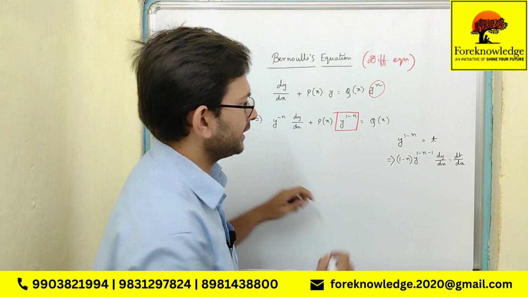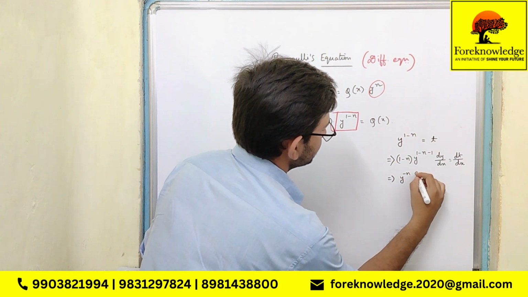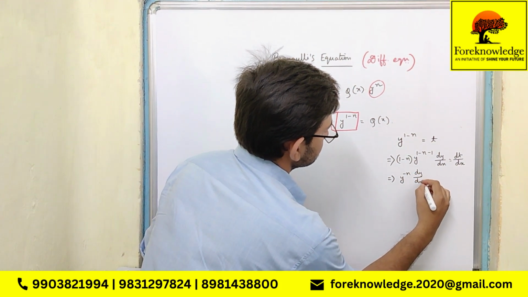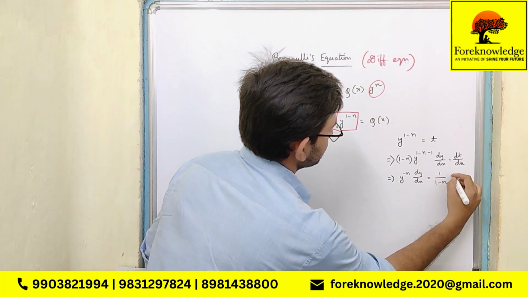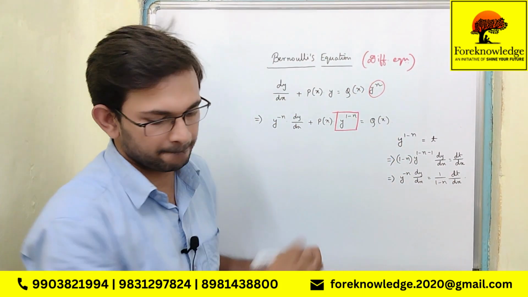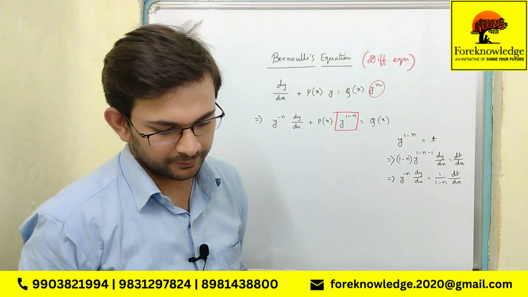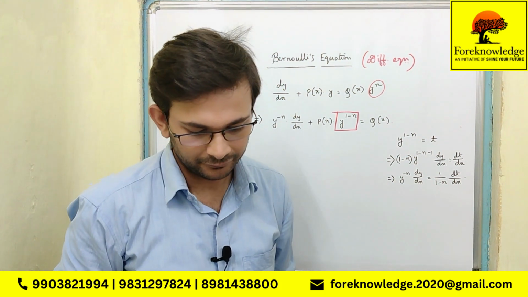So this is nothing but y to the power minus n dy/dx equal to 1 upon 1 minus n dt/dx.